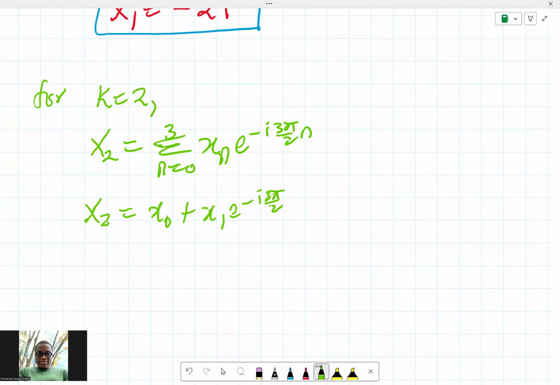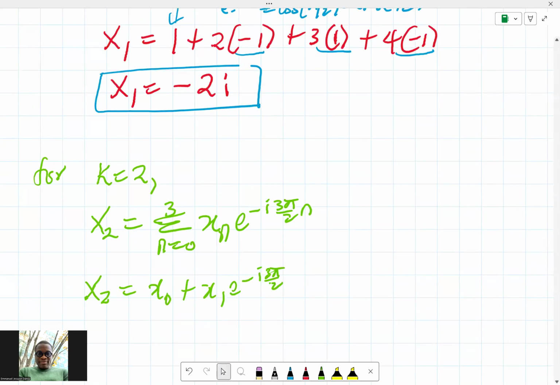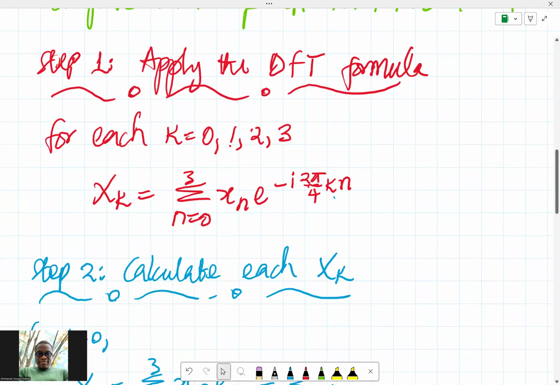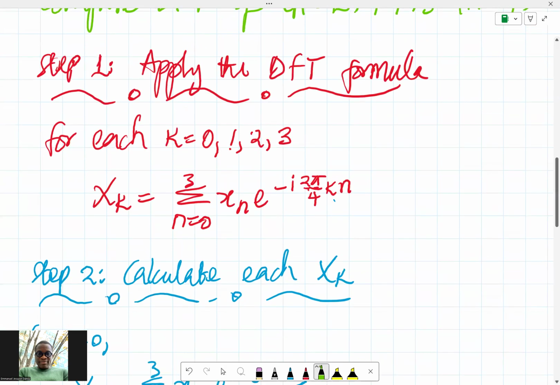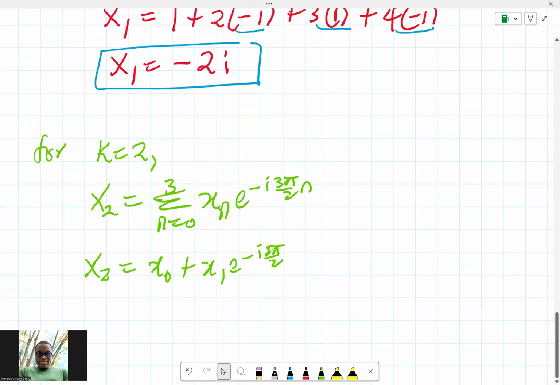Let me see. k is 2, right? In the original expression, k is 2. So this is half, so 2 cancels 2. So if k is 2, we just have pi. This can be confusing, really.